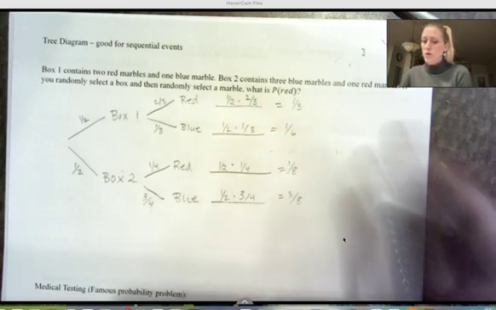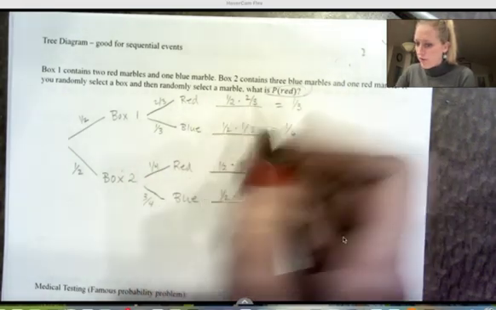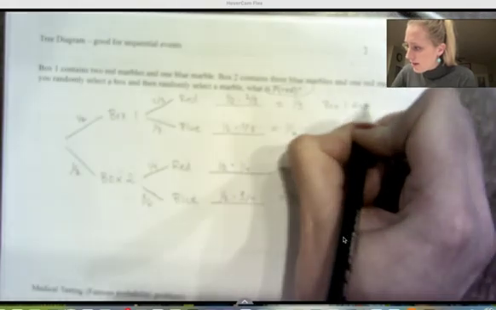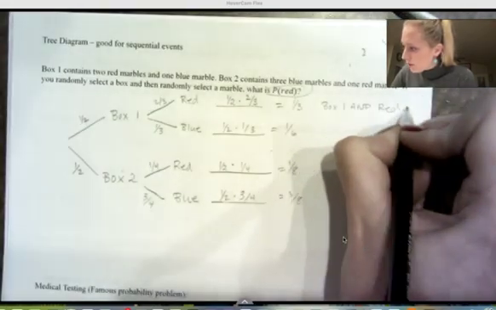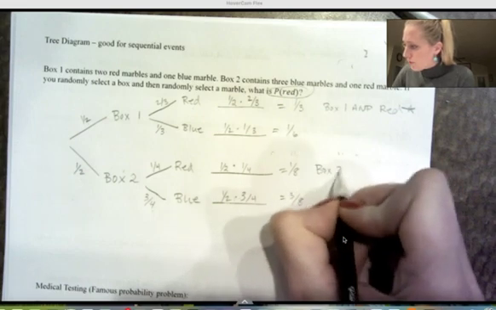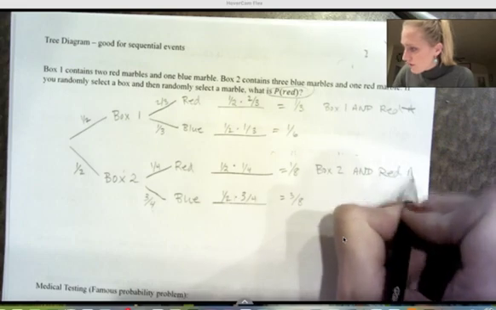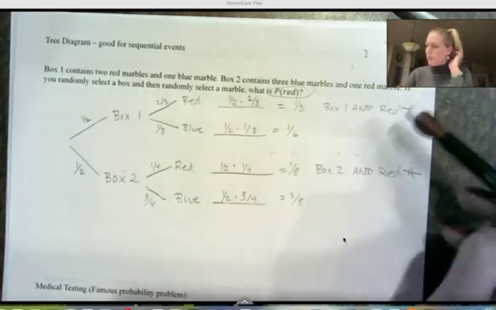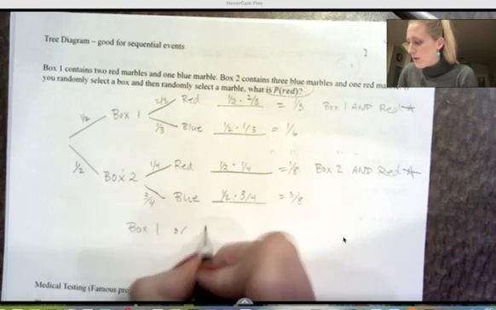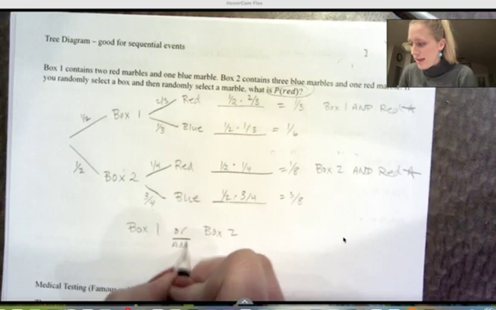So we wanted the probability of red. This is box 1 and red. This is box 2 and red. So it could be box 1 or box 2. Because I just said the word or, this is add.